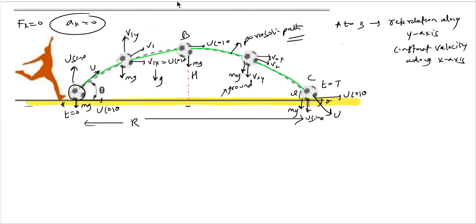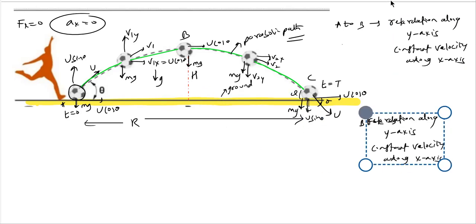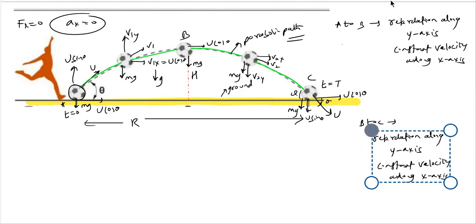Then from B to C, acceleration along the y-axis.